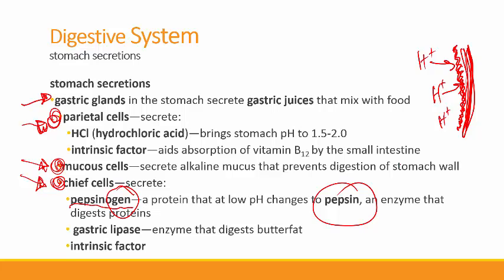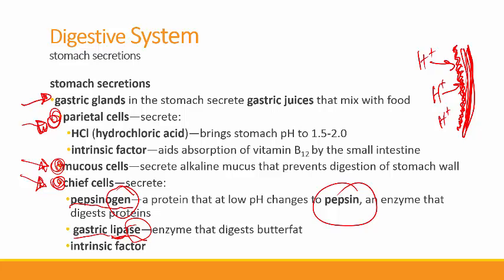Gastric lipase is another of the enzymes produced by the stomach, by the chief cells. Gastric, because that's where it's produced, in the stomach. Lipase, that describes the action of this enzyme. Ase means that it's an enzyme. That ASE suffix tells us it's an enzyme. The lip, that means it's an enzyme that digests lipids.